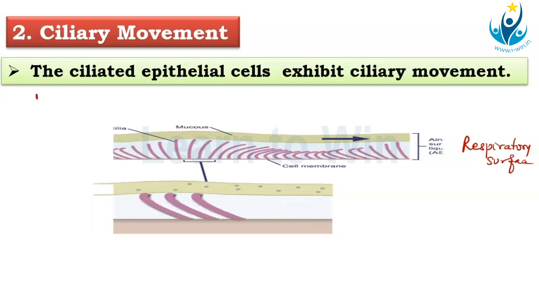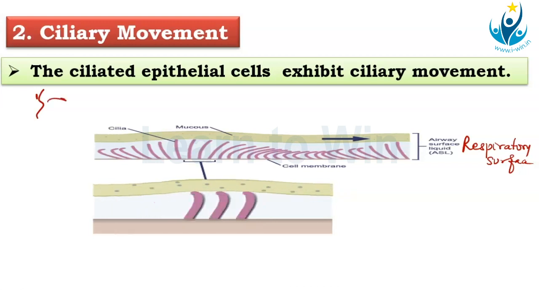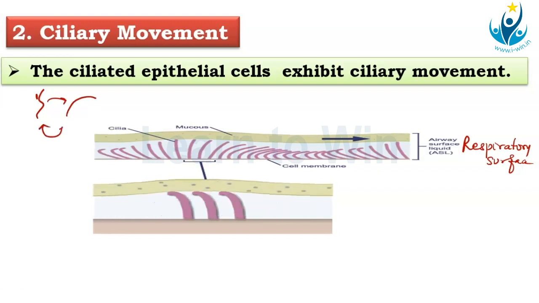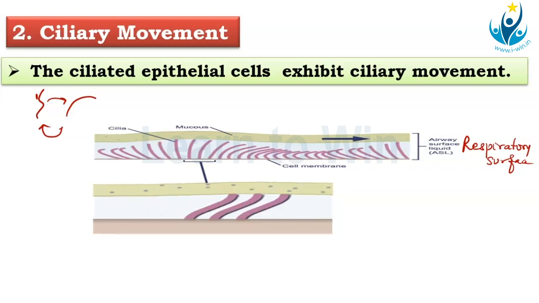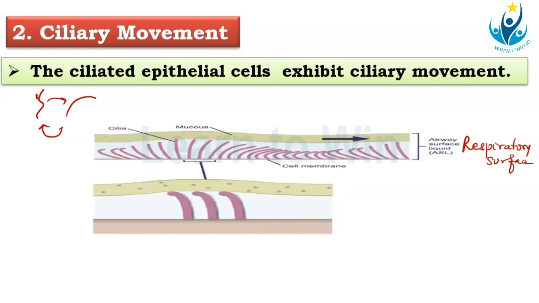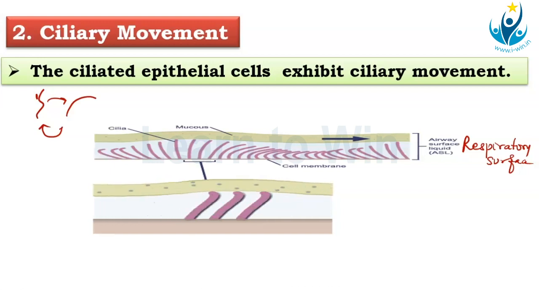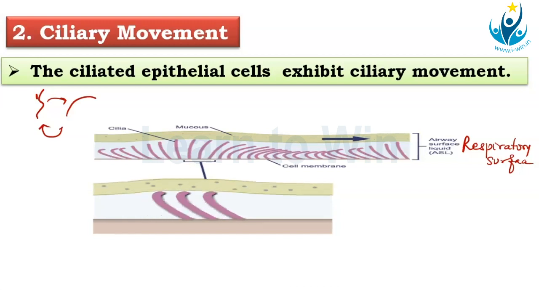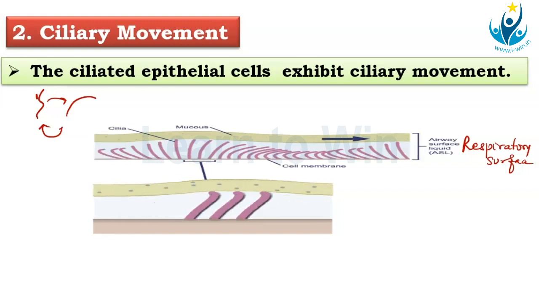When the cilia goes towards this direction, it is a power stroke, and when it is coming back to the original position, we call it the recovery stroke. So by doing the power stroke and the recovery stroke, there is this continuous movement of cilia. If you can see in the GIF, it is pushing the substances towards one direction.